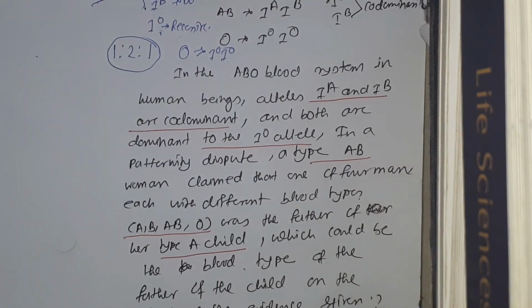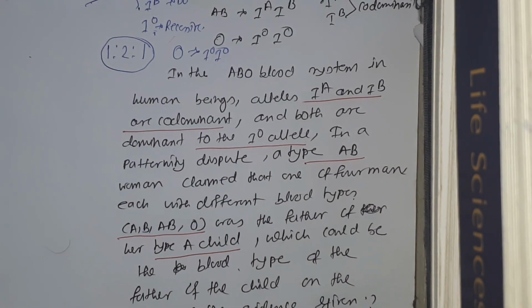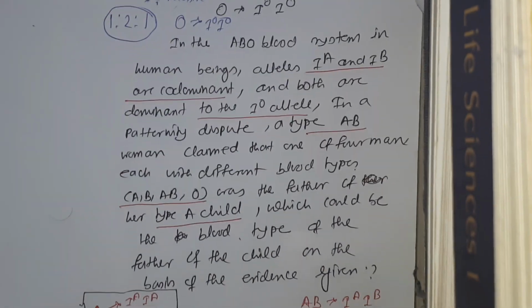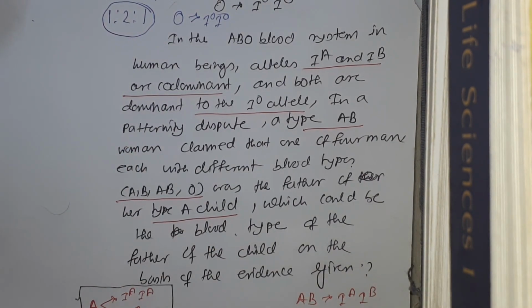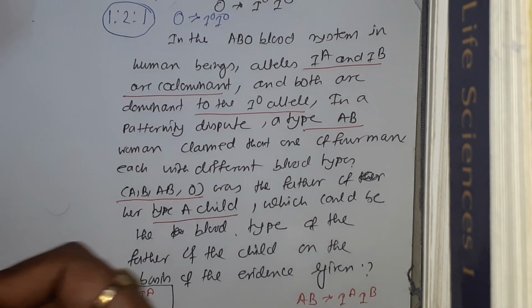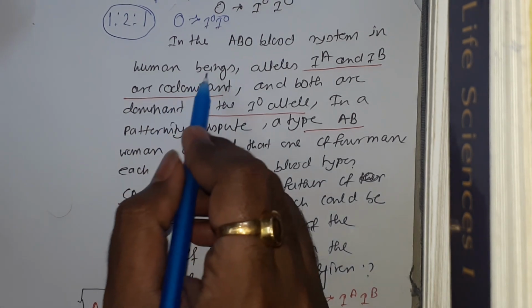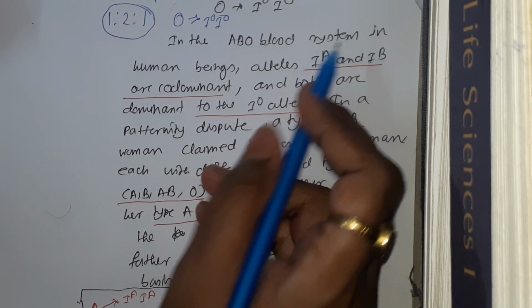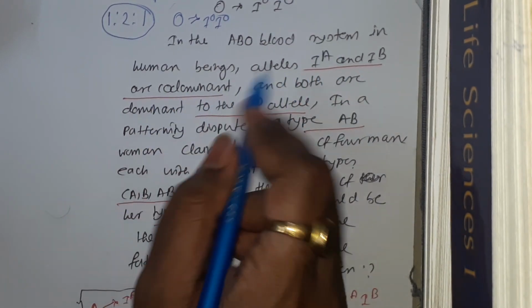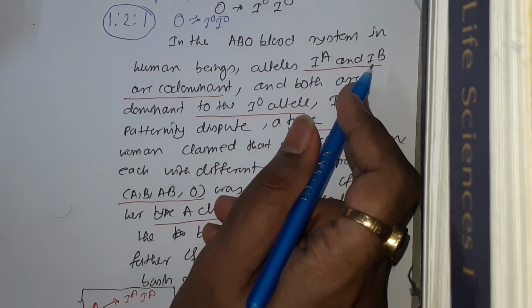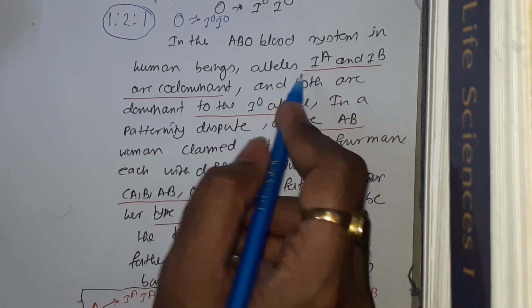This is the problem asked in the genetics paper of WBSU in the year 2022. So first of all, let's read the question and try to find out what they are telling us. In the ABO blood system in human beings, alleles IA and IB are codominant. Codominance means an individual containing IA and IB will have the expression of both.